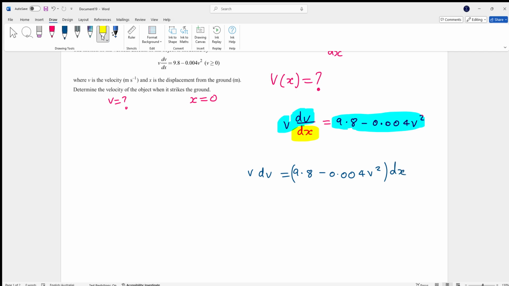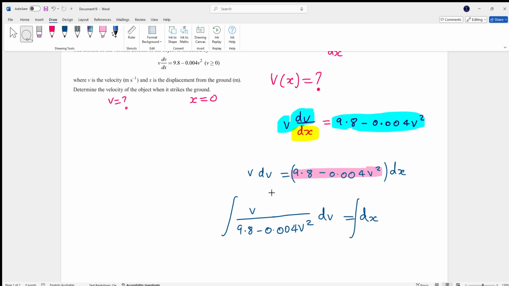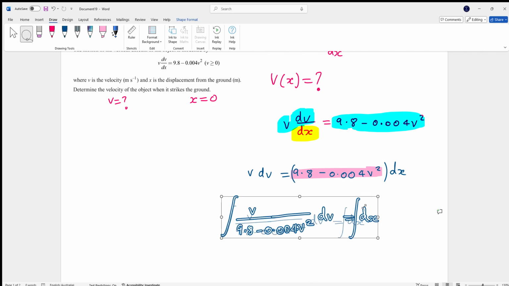You would then try and get the dx by itself, so we are going to move this term to the other side by dividing by it. Once you do that, you are now able to start integrating both sides. So you have v over 9.8 minus 0.004 v squared, dv equals dx here. Once you've got them separated like that, you can now attach an integral symbol to both sides and we can start integrating it pretty much.